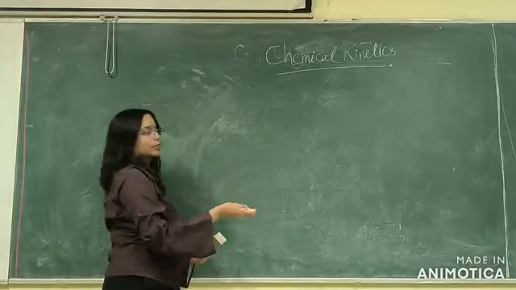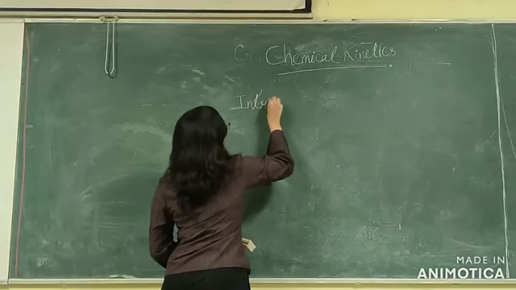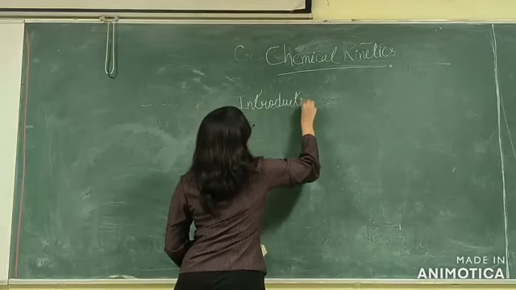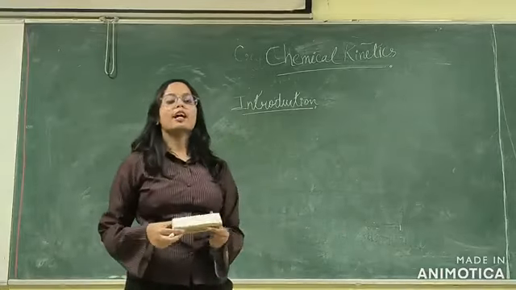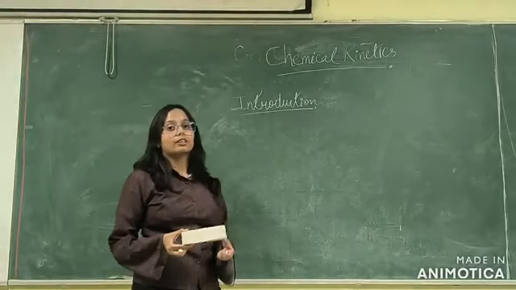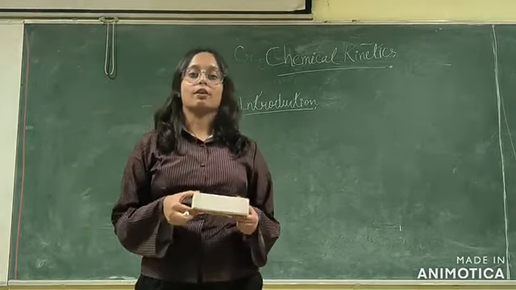So let us move to the introductory part. Like in thermodynamics, we have seen that we calculate if the reaction we are thinking of is feasible or not, that it will happen or not happen.